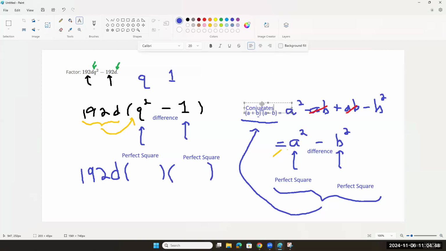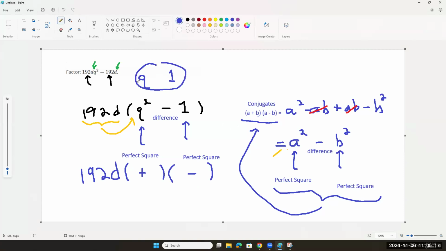To get conjugates, what you do is you take the square root of the A squared, which is A, the square root of the B squared, which is B. In this case, we're taking the square root of Q squared, which is Q, and the square root of 1, which is 1. And you put a plus sign in one of the binomials and a minus sign in the other binomial. And you use these answers to fill in these places here.